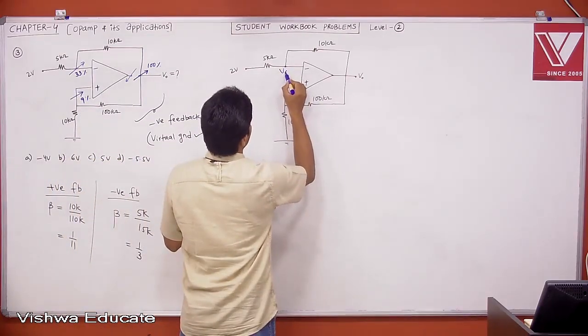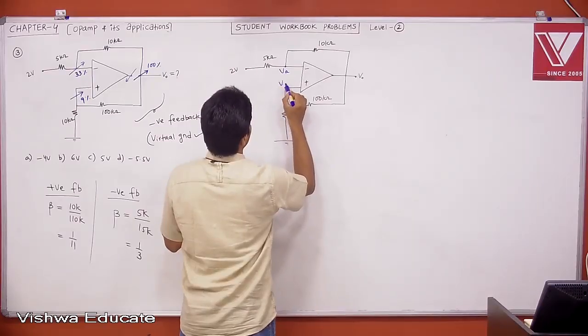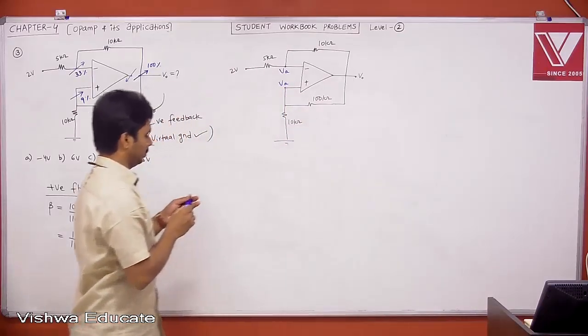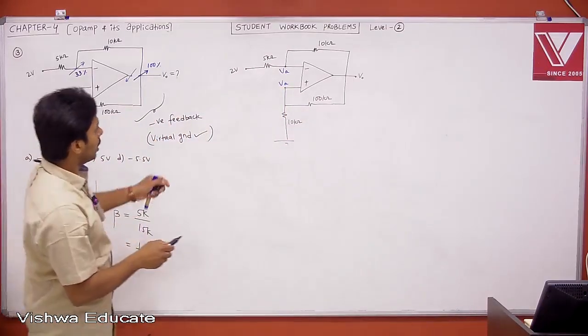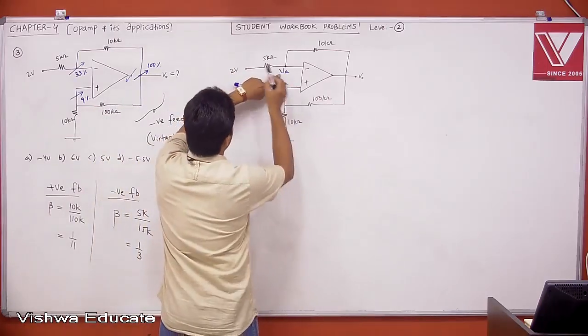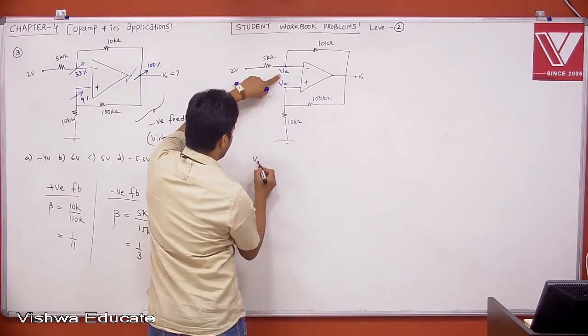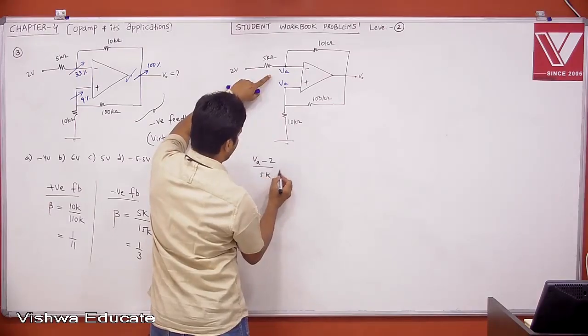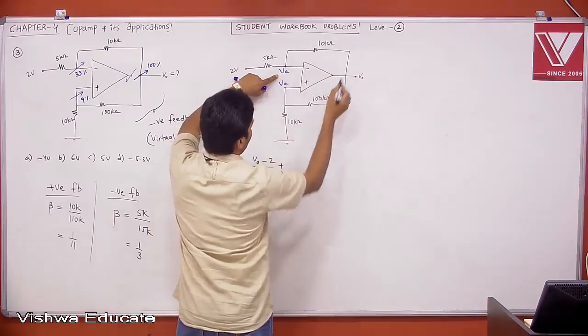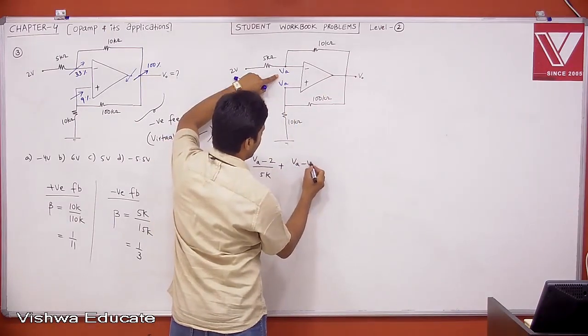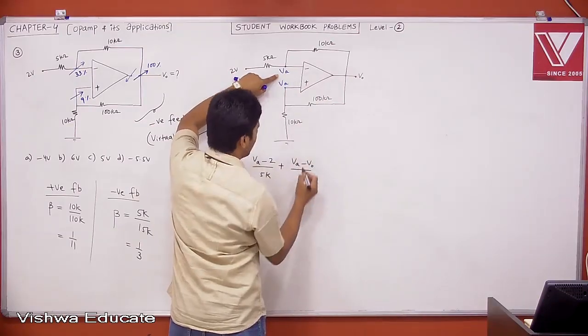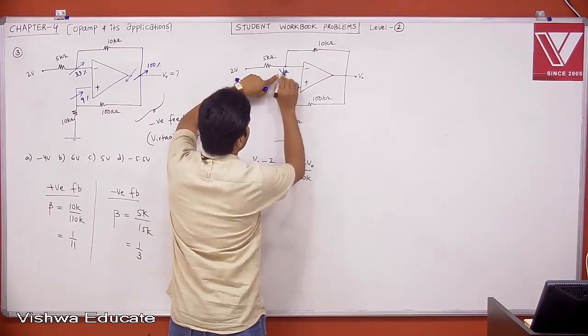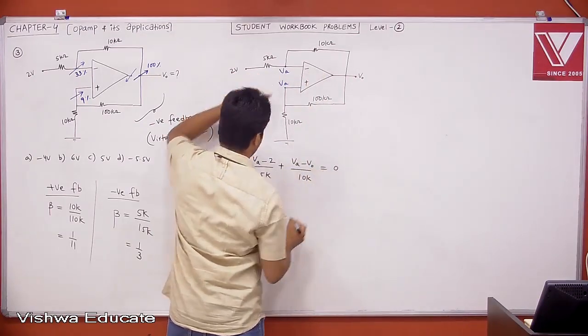We know that virtual ground concept is valid. Therefore, let us say this is VA. Then what is this voltage? This is also VA. Then apply nodal analysis. (VA minus 2) divided by 5K plus (VA minus V naught) divided by 10K plus current entering into op amp, that is 0, is equal to 0.